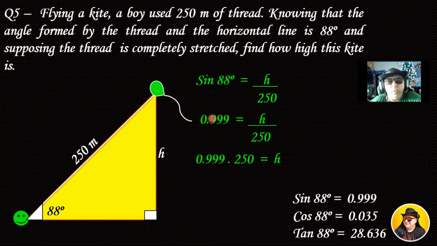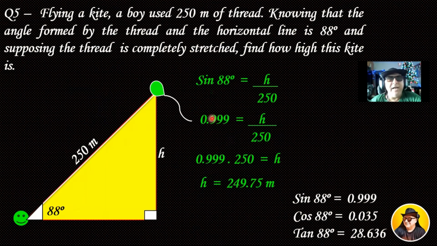Excellent. So 0.999 times 250 is h. Now we are going to multiply and rotate the equation like this. So the answer is 249.75 meters. This is the altitude of the kite.